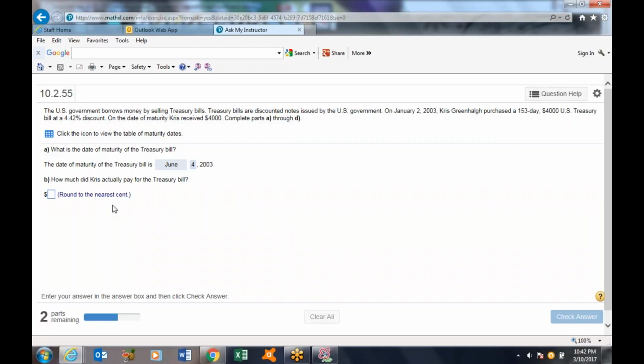Okay, now how much did it actually pay for the Treasury bill? Well, let's see, it's $4,000, and we have a 4.42% discount.